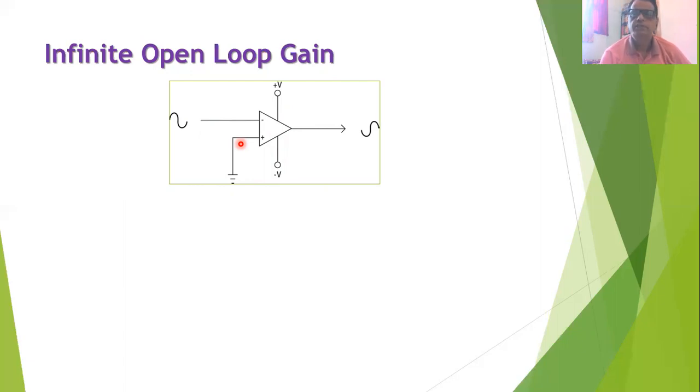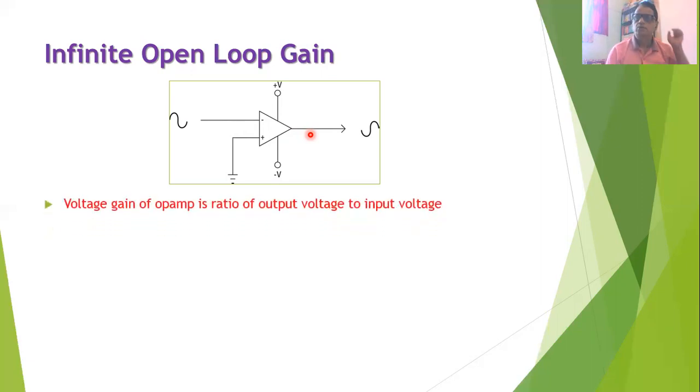Now, when the operational amplifier is connected in such a fashion, you will observe that there is no feedback component present between input and output, and therefore the gain of such an amplifier is called the open loop gain. The voltage gain of the operational amplifier is defined as the ratio of output voltage to input voltage.